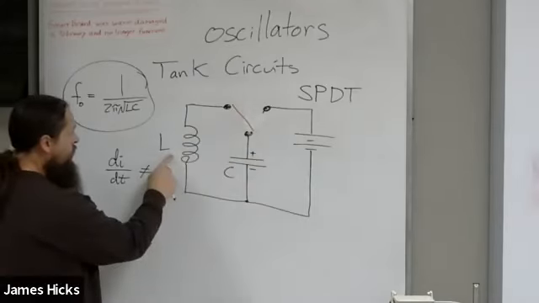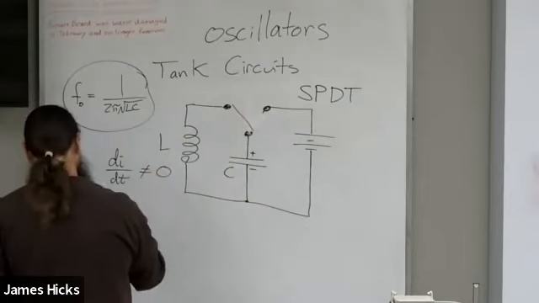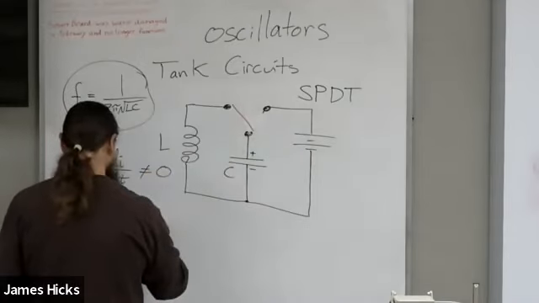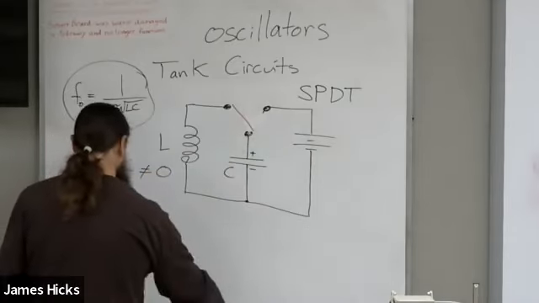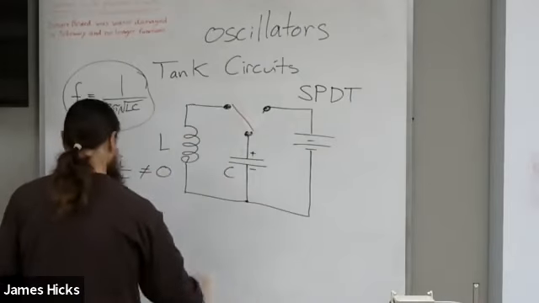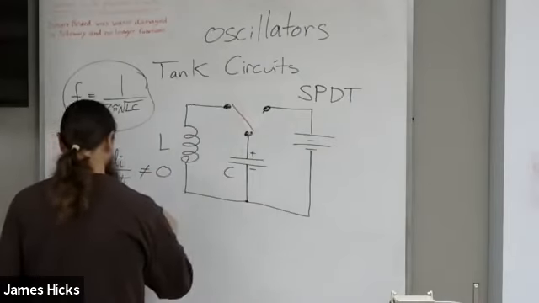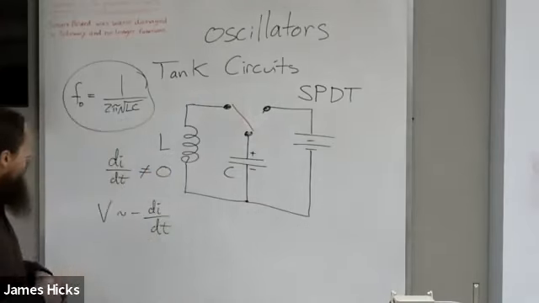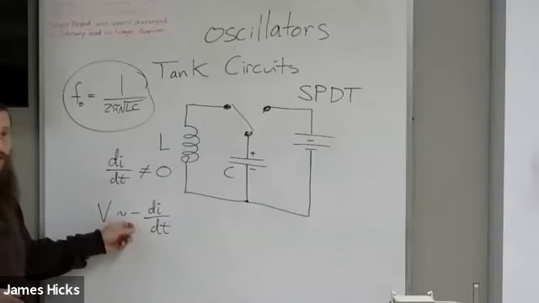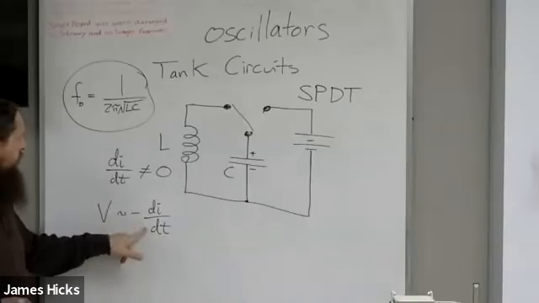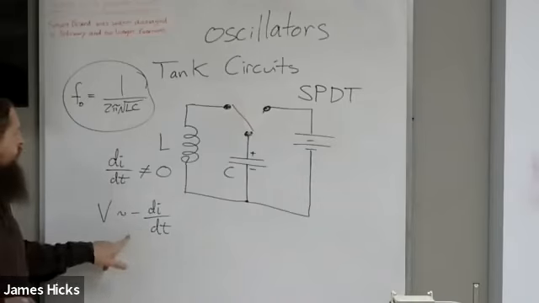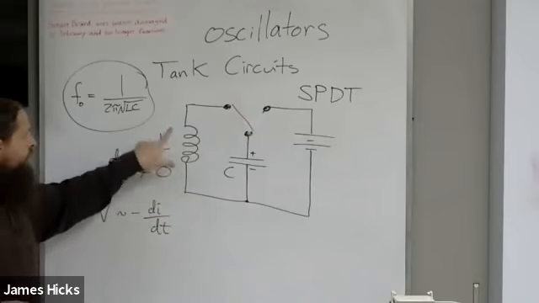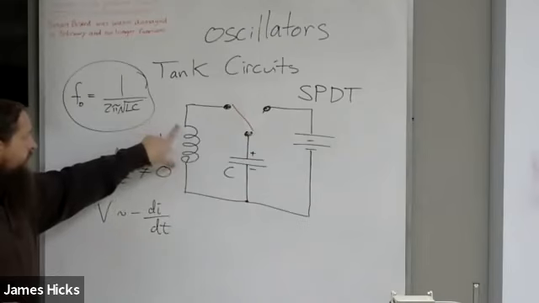But what's going on with this inductor? It's building up a voltage on it that is proportional to dI/dt. Faraday's law of induction: this changing current is causing a voltage to develop on this inductor.